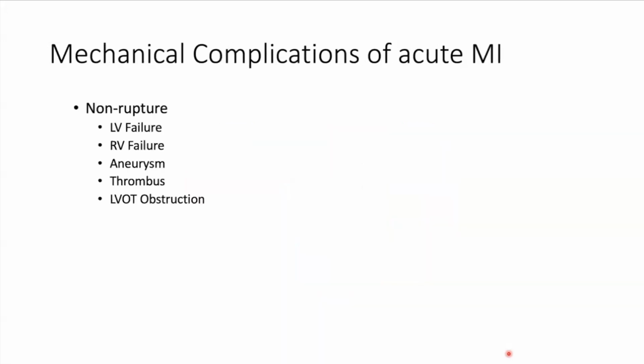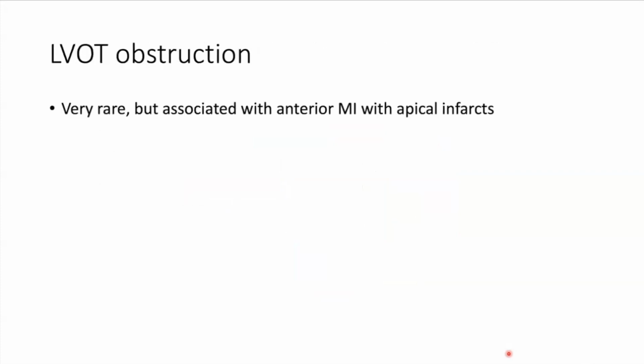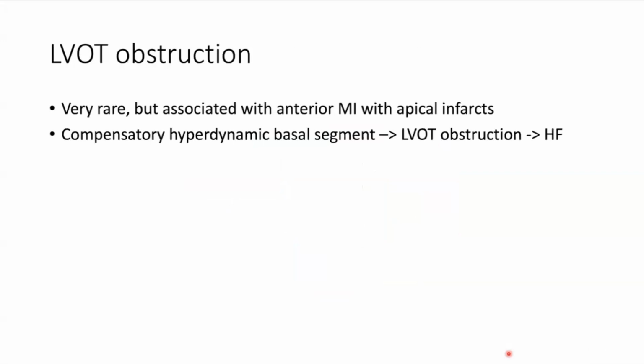Moving on to LVOT obstruction. This is a very rare complication that can happen with apical infarcts. What happens is the apex becomes akinetic, and you have a compensatory hypercontractile base.